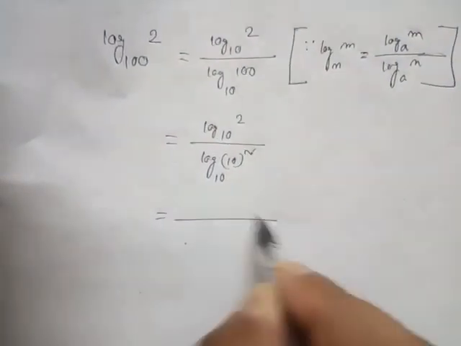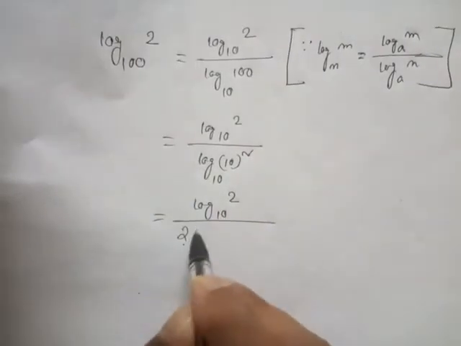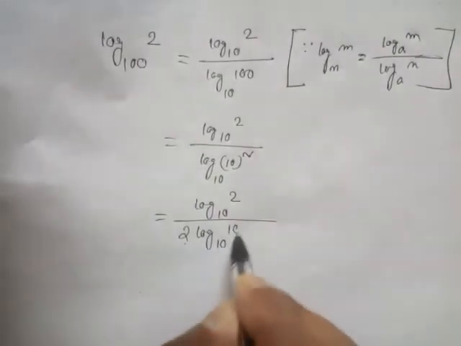In the next step, the 2 will come down, so 2 into log base 10 of 10.